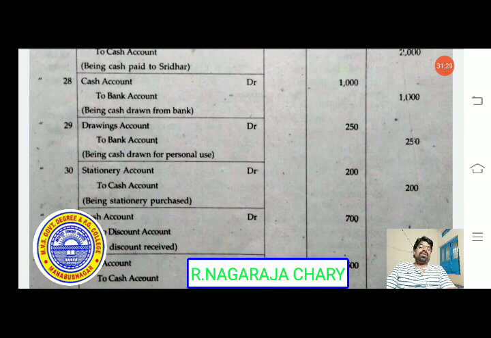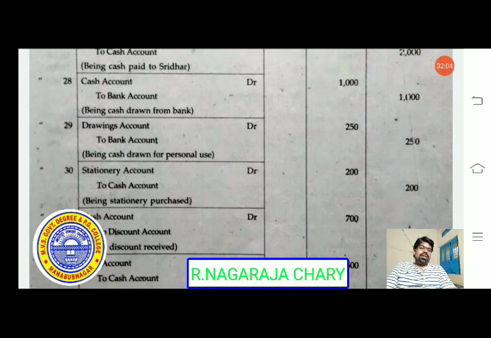So when the sole trader, when the proprietor is withdrawing something for his own purpose, that is to be treated as drawings. So drawings account debtor to bank account, 250 and 250. This personal purpose is to be taken as drawings account. So 250 rupees is to be debited and 250 rupees is to be credited.